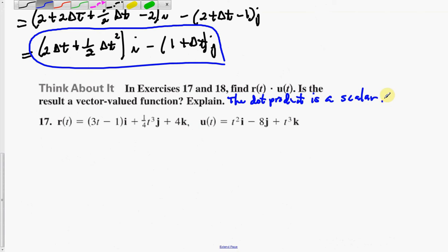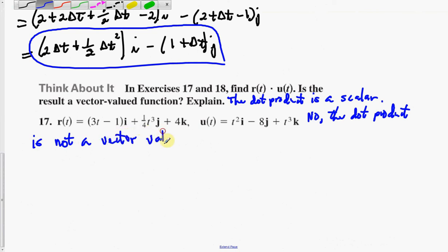So no, it's not a vector valued function. It just becomes a scalar or a function, if you will. So let's see, r of t dot with u of t.